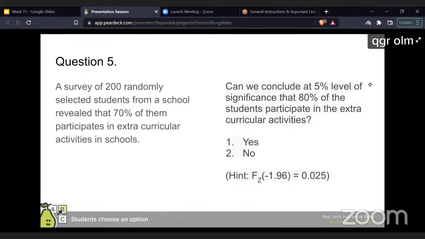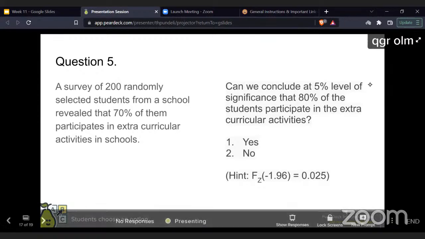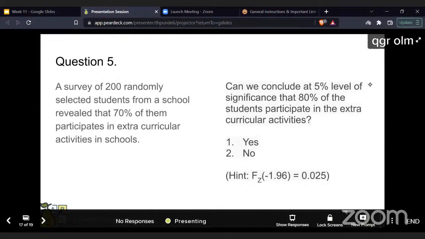It says a survey of 200 randomly selected students from a school revealed that 70% of them participate in extracurricular activities. So this is from whatever sample you have taken.